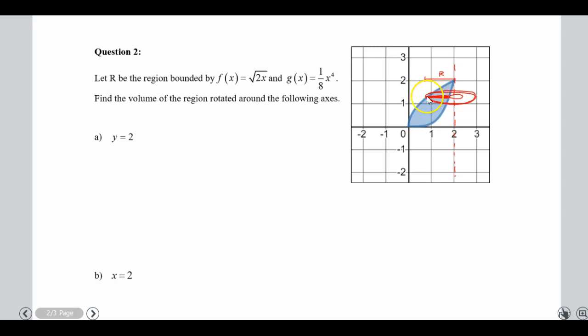The problem is I'm going to want this in terms of y, right? This is a little dy. So, just so I don't have to keep scrolling up and down, I'm going to say this is x equals 2 right here for part B, and we'll just go with that. So let's figure out my big R. Big R is going to be this value of 2 all the way across minus this little bit right here, that's f of x.